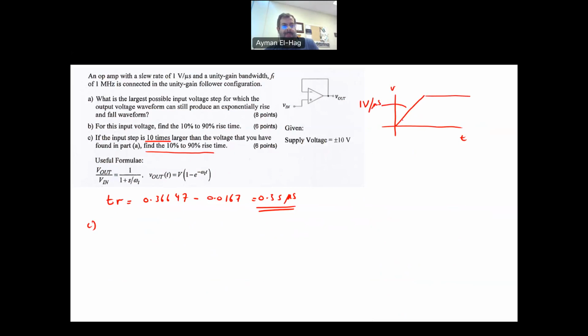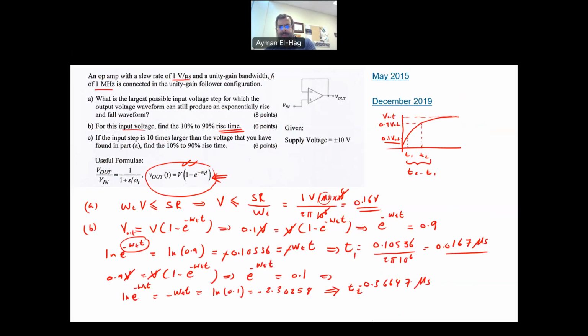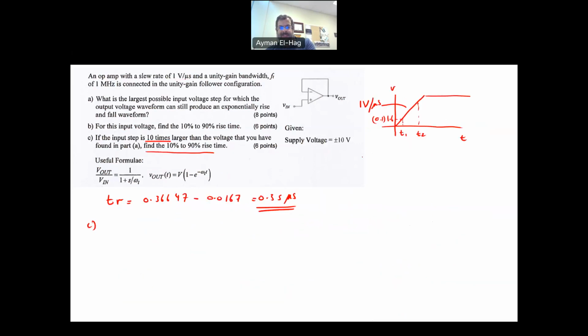Okay, so now it becomes an even simpler problem. So this is your T1. This is your T2. So this is your 0.1 times the voltage, which is 10 times, which is 16 volts, sorry, 1.6, because the voltage we found was 0.16, so 10 times that is 1.6, and here it is 0.9 times 1.6.